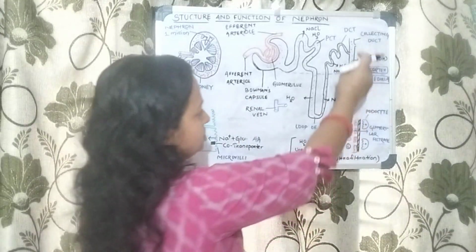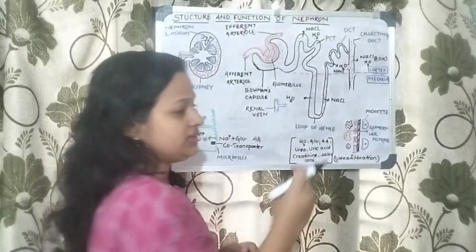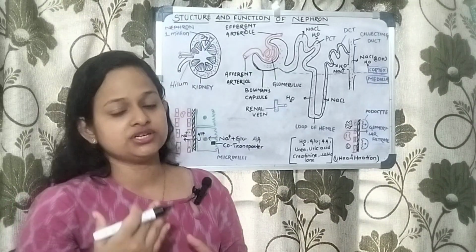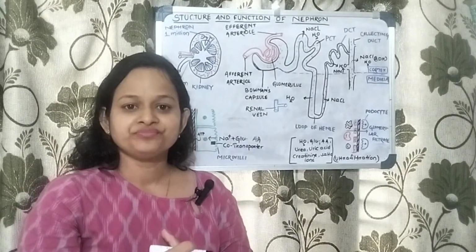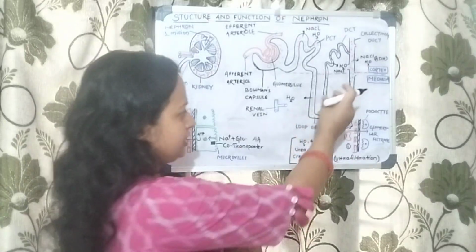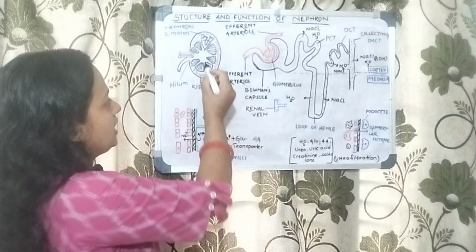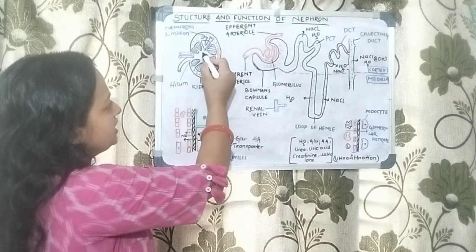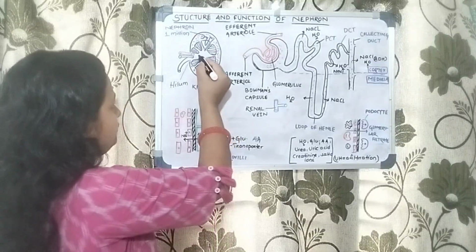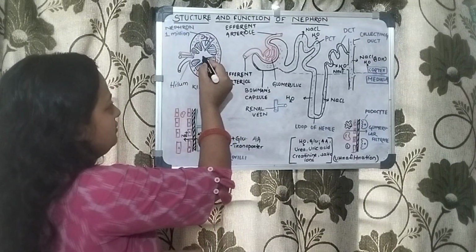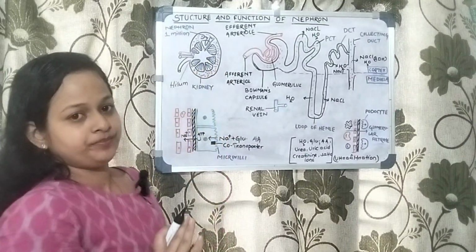So when the tubular fluid reaches the collecting duct, it has already been converted into urine, and the collecting duct then passes the urine into the pelvis, and from this pelvis it goes to the ureter.